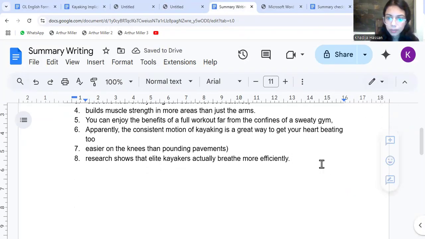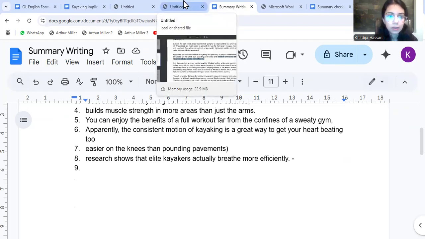Bit unsure about this one, so I'm just going to mark it to show I'm unsure, because it talks about elite kayakers and not somebody who's just taking it up as a hobby.